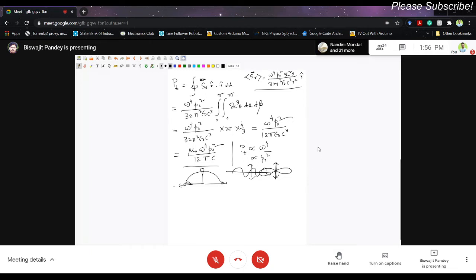That only comes to your eyes here, because the other parts are getting scattered away, and you will see the sky to be red or orange colors.